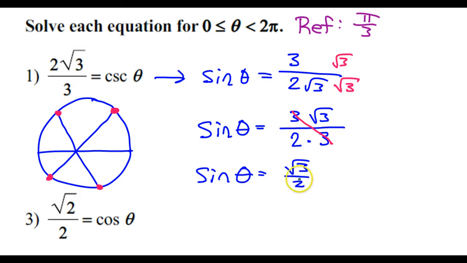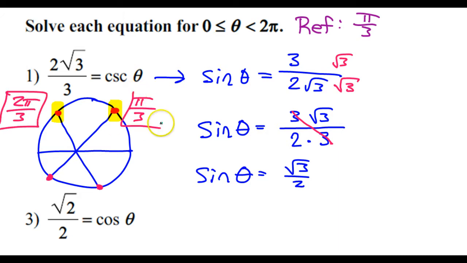I want positive radical 3 over 2. So the sine value is the y value on the unit circle, and the y values are positive above the x-axis. So these are the 2 positions that will give me my answers. Alright, so that's why the answers will be pi over 3 and 2 pi over 3. So these are the answers.